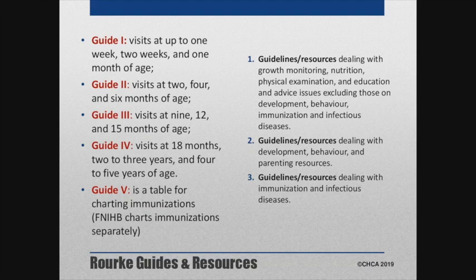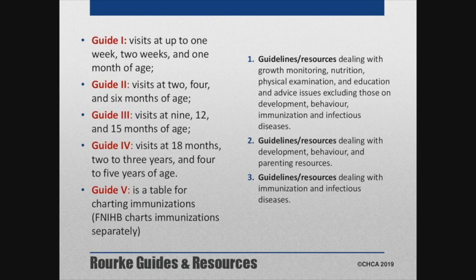We'll go a little more specifically here. You can see guide 1, guide 2, all the way to guide 5 are provided. Guide 5 is a table for charting immunizations, but it's important that FNIB charts immunizations separately, and it's not necessarily on the Rourke record. So please use the appropriate FNIB immunization charts, not the Rourke charts.